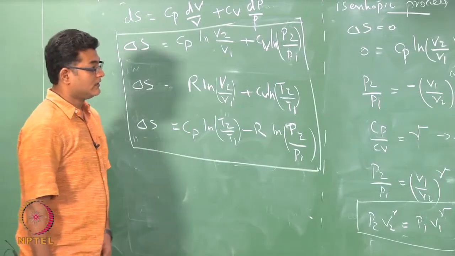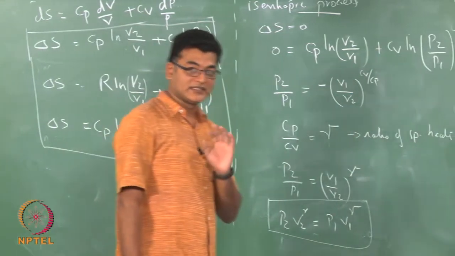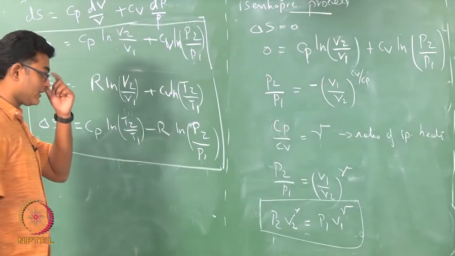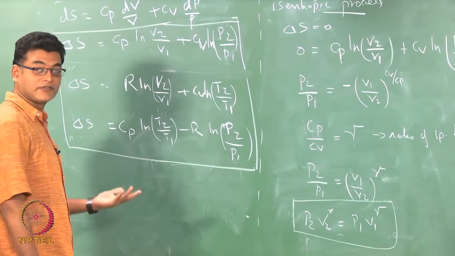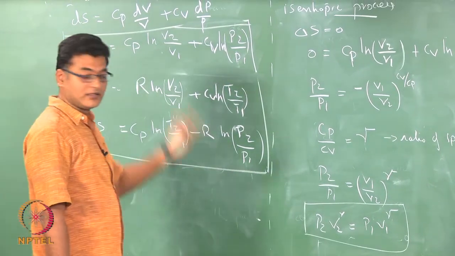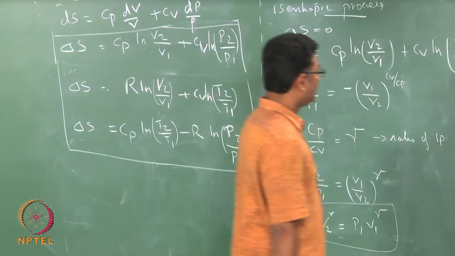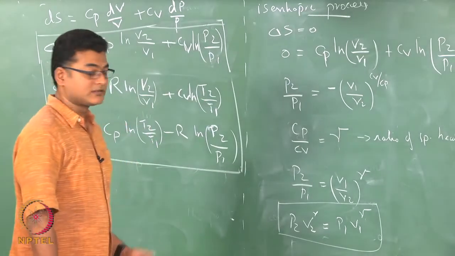As I told you in the beginning, we are going to extract what is essential for this particular gas dynamics course from thermodynamics. So we are not going to discuss any other issues that are discussed in thermodynamics courses.